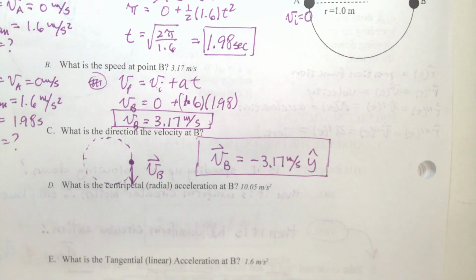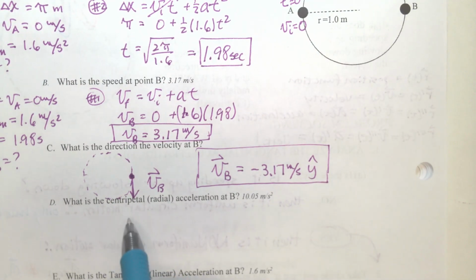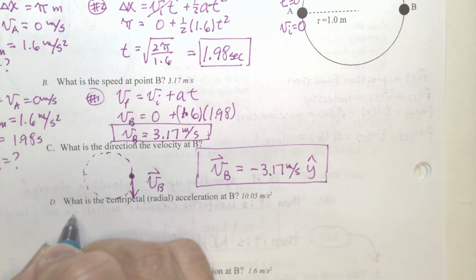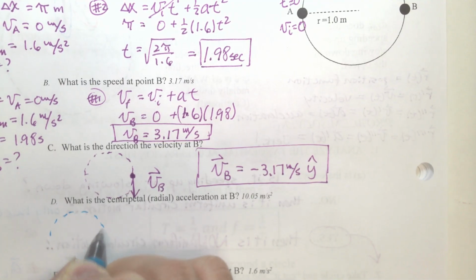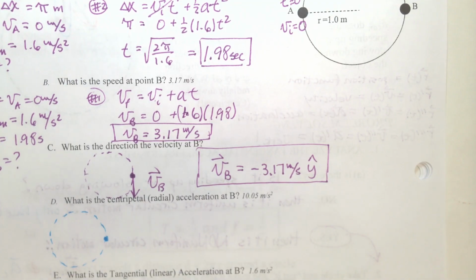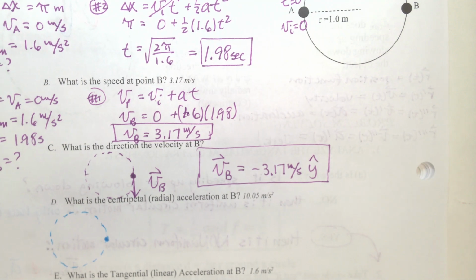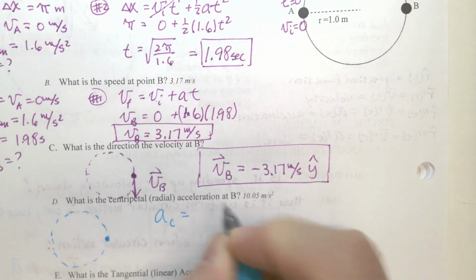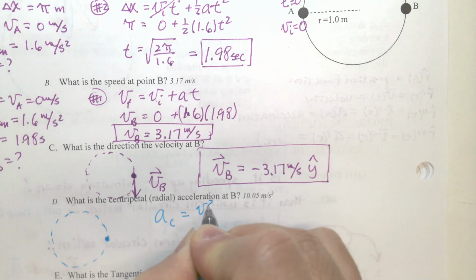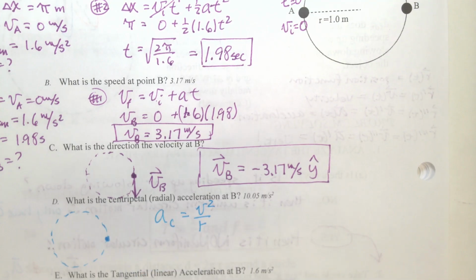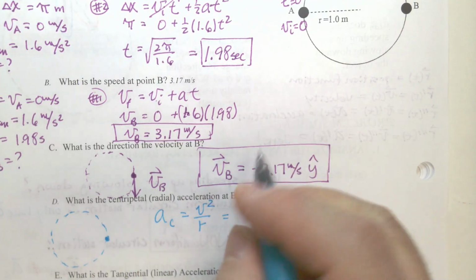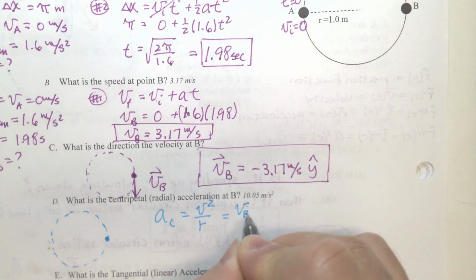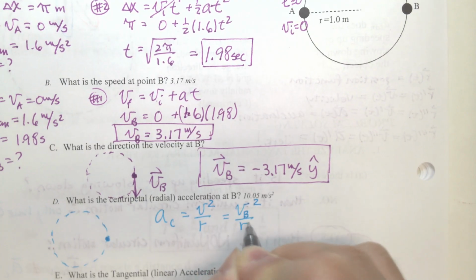But what about the centripetal acceleration at point B? What is it, and which way is it? Well, to calculate the centripetal acceleration, it is simply v squared over r. But we are looking for the centripetal acceleration at point B, so we have to use the v at B squared over r.